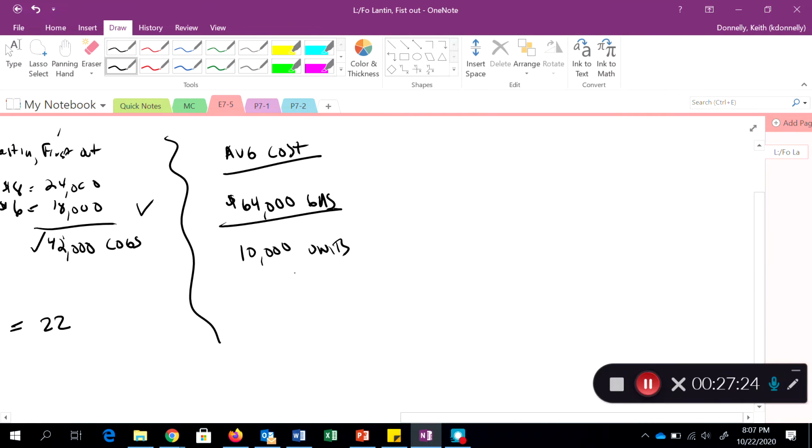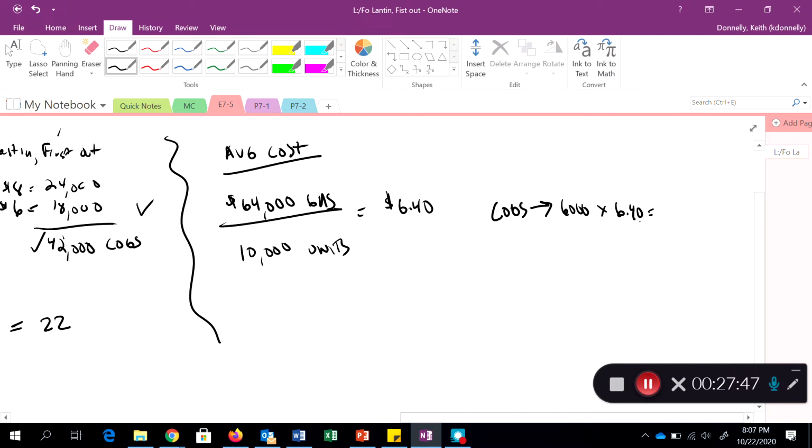So that means, hey, on average, out of the 10,000 units we bought, each one cost us $6.40. So for purposes of cost of goods sold, we know, hey, we have 6,000 we have to assign a cost to, times 6.40.